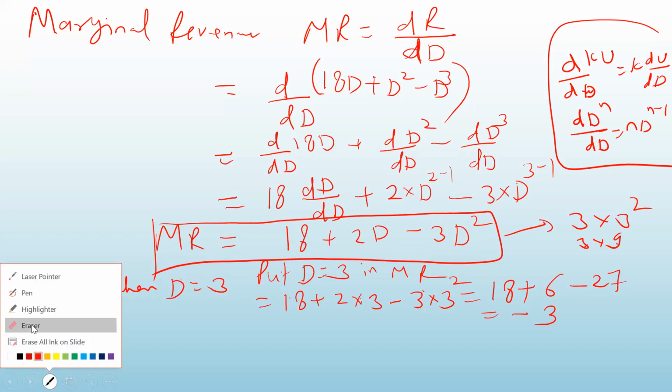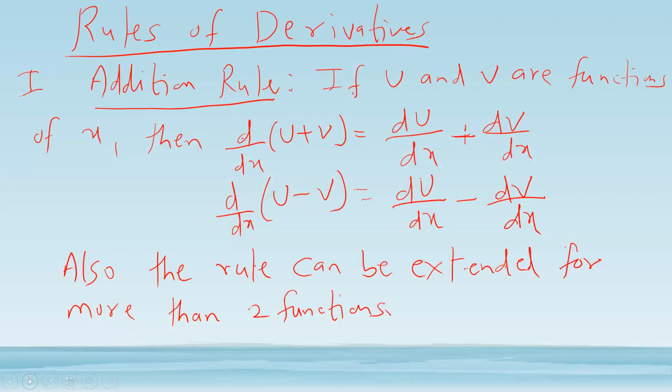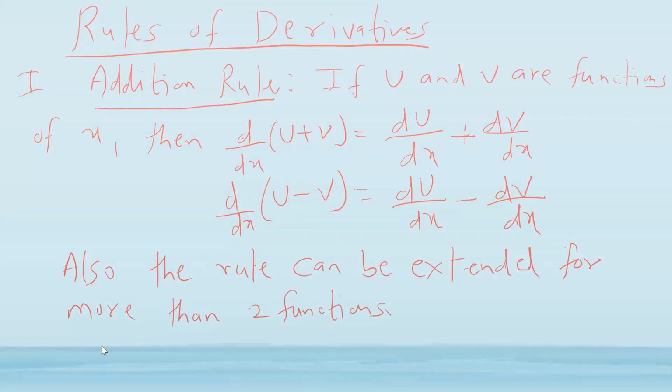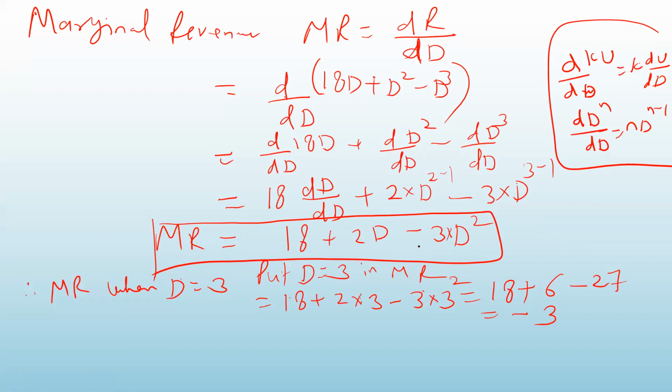Understood? It is 3 multiplied by D square. This is multiplication, everywhere it is multiplication.